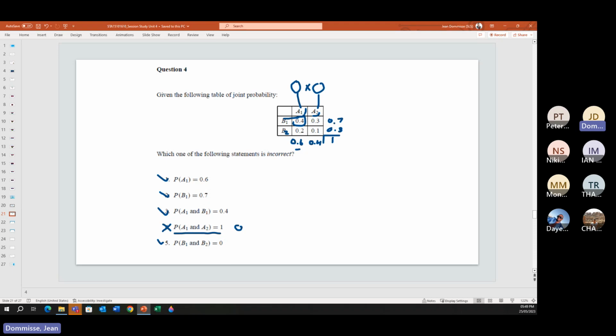If it is said to you, what's the probability of you getting an A for the subject and the probability that you will not get an A for the subject, that can't happen. So it should be 0. Like it was in option 5: the probability of getting an A for stats and the probability of not getting an A for stats, again, is 0.